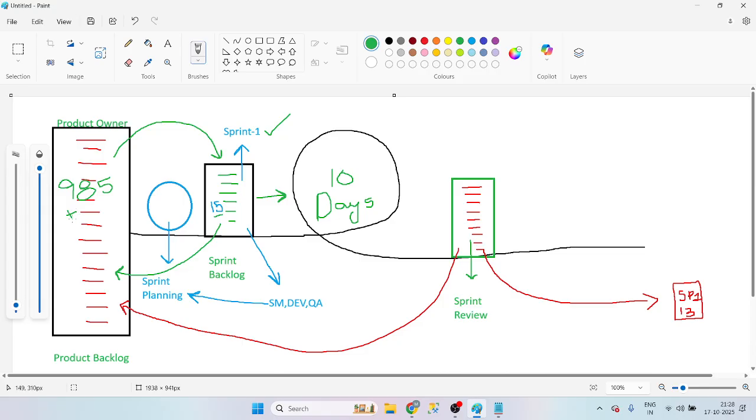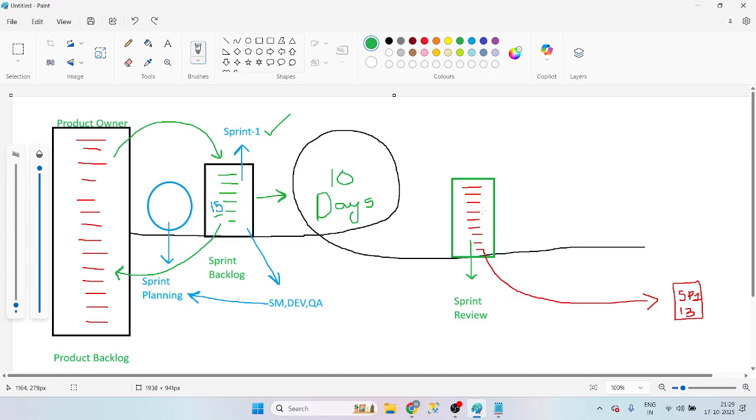Now, plus two items added to the product backlog, that is going to be 987. Is that correct, Ganesh, or anything wrong in this? Yes, correct. Did you understand up to here? Yes. Okay.